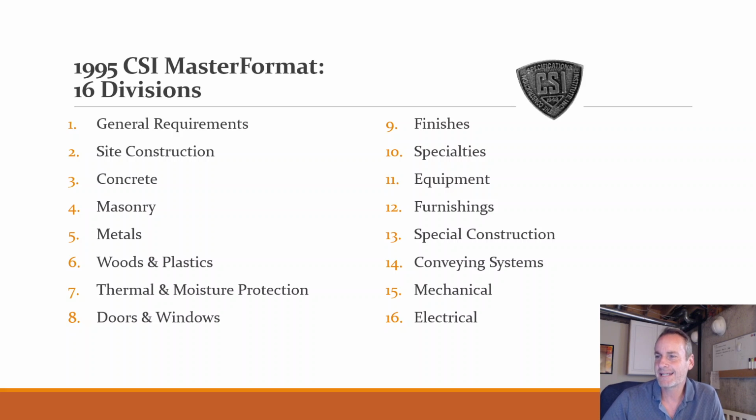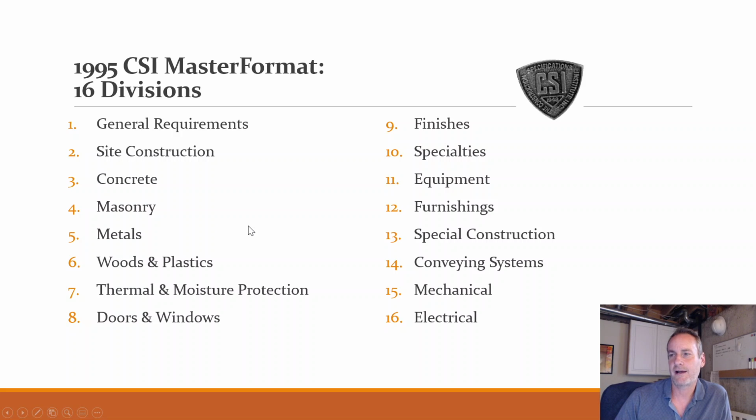Those 16 covered pretty much everything going on in the construction world. So if I wanted to know how to label the section that dealt with what kind of concrete I needed for this particular project, I knew it would be in section 3.